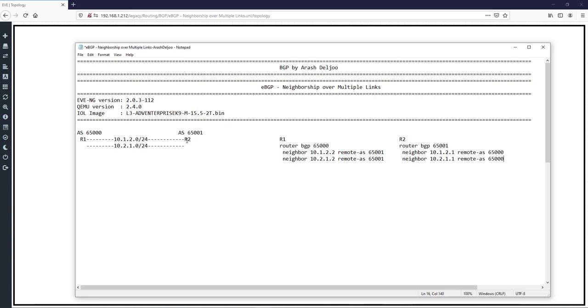One neighborship is across the 10.1.2.0/24 subnet, and another neighborship is over 10.2.1.0/24. It's okay, but it has one drawback. The drawback is, for example, if R2 wants to send net A to R1, it should send this route to R1 two times. And for example, if we have 1,000 routes, we should send this 1,000 routes two times to R1.